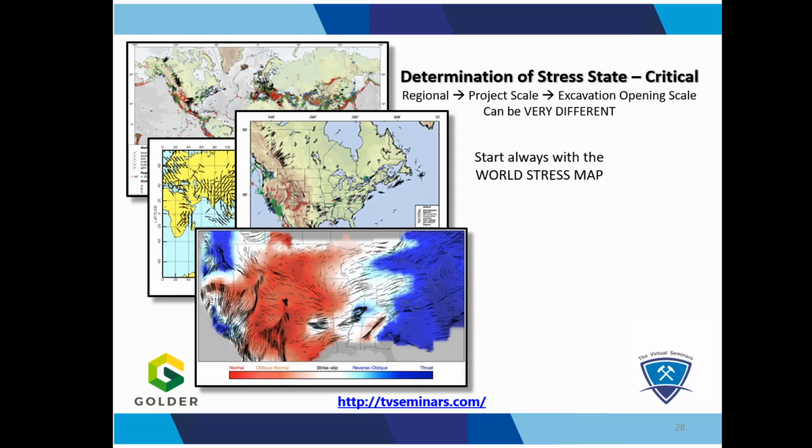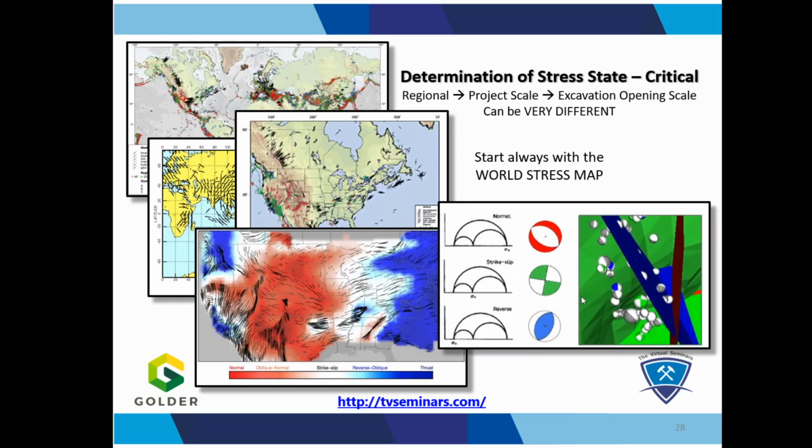Here, the stress state is interpreted in terms of whether the principal stress is vertical, horizontal, or oblique. We can think of these in terms of classic Mohr envelope or in terms of beach ball. I'm not going to go into any details, but these are important for us to back analyze microseismicity and also our regional and local stress states.